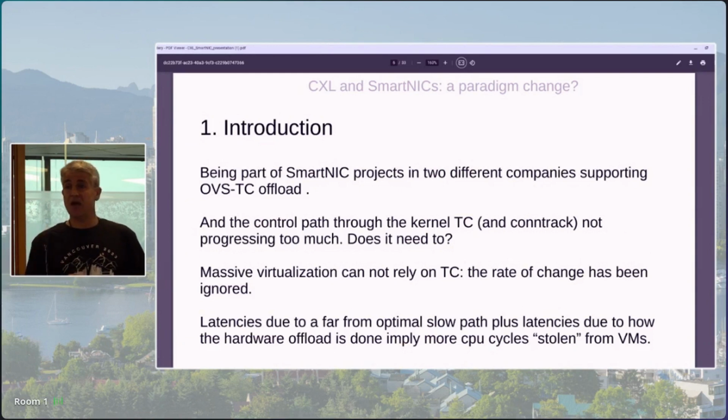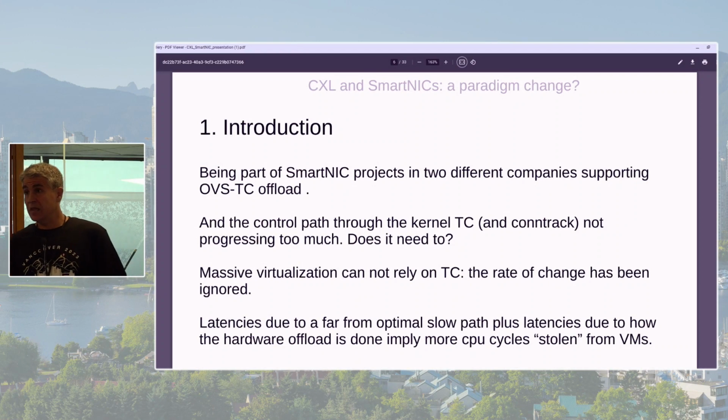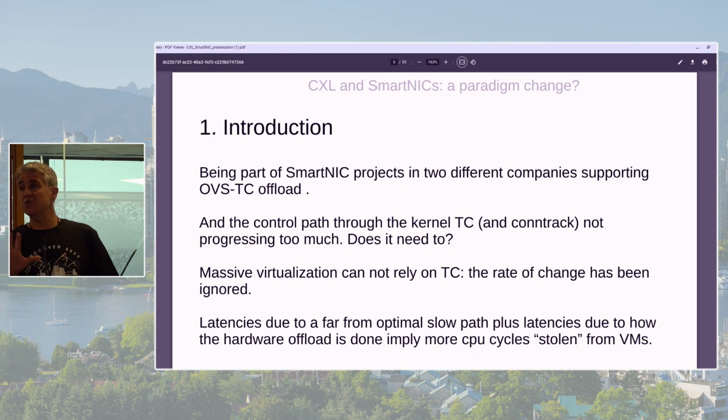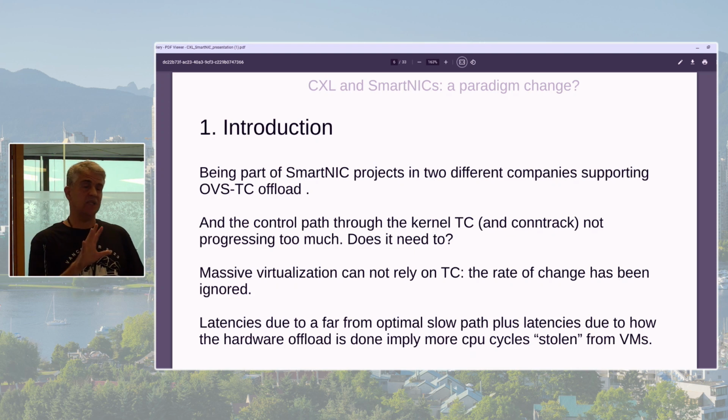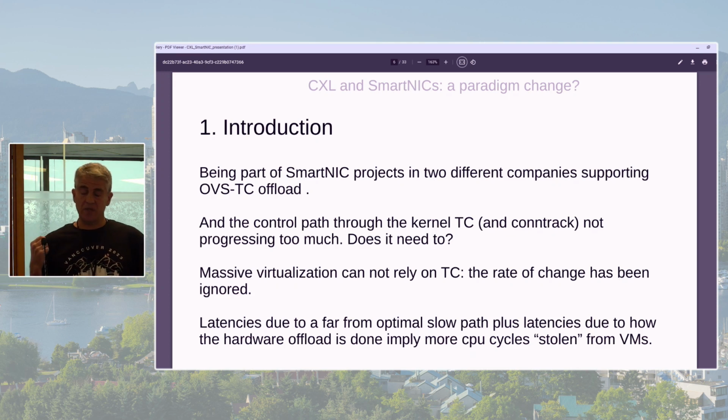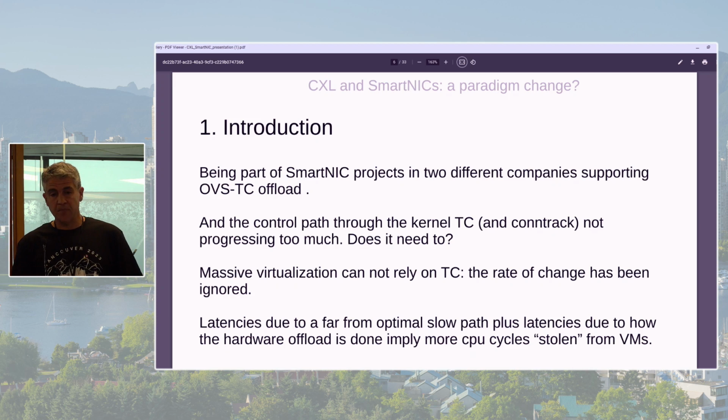If you stress out the slow path, it is going to be bad because you are going to have more problems for offloading things. The misconception was, okay, this is just for hardware offload because it's going to be in the NIC. We don't care about the TC slow path. We don't care about all the limitations that I will describe later, okay? I think that is a huge misconception.